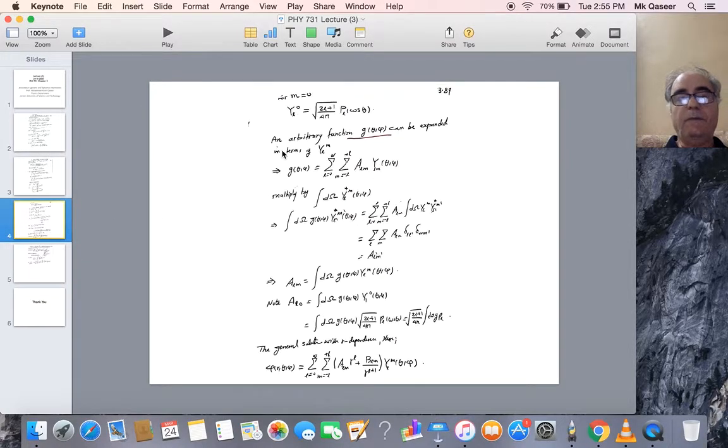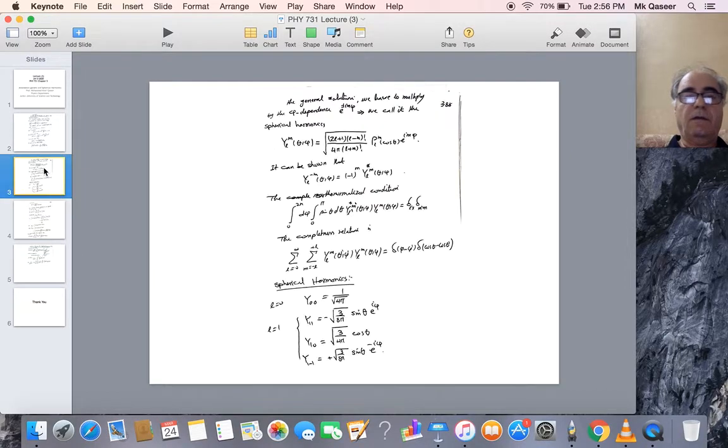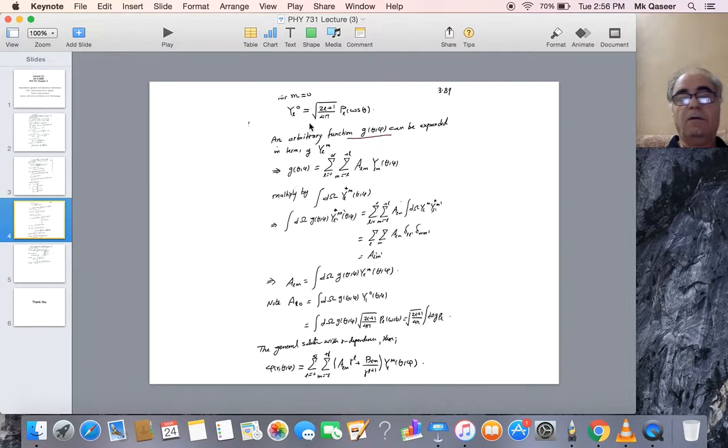One important case of the spherical harmonics is m equals 0. If we substitute again in this expression, we get for Y_L^0 the square root of (2L plus 1) over 4 pi times P_L. This is in terms of the ordinary Legendre polynomial.